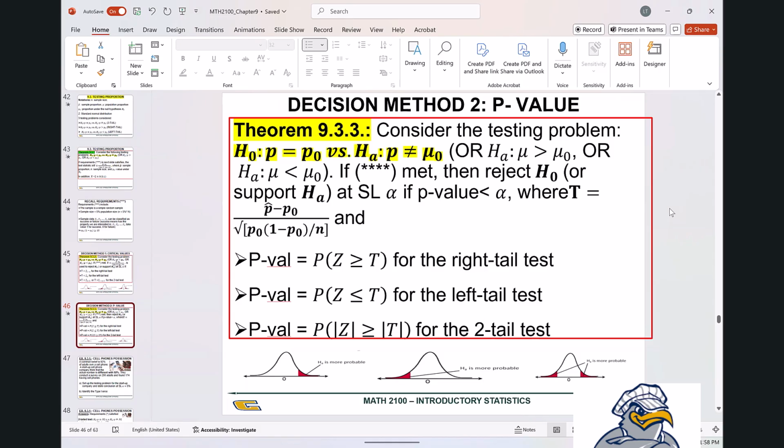And for the two tail, it's 2 times the normal CDF of negative absolute T, 0, 1. So it translates everything back to a similar fashion as in the t distribution, but now you don't look at the t distribution with degrees of freedom, you look at the standard normal.